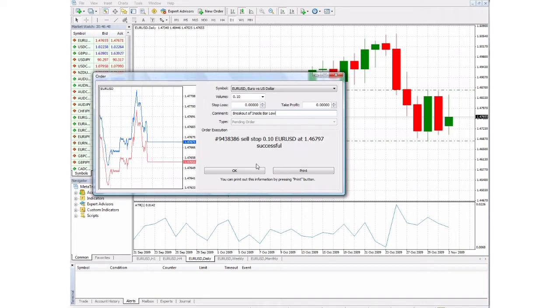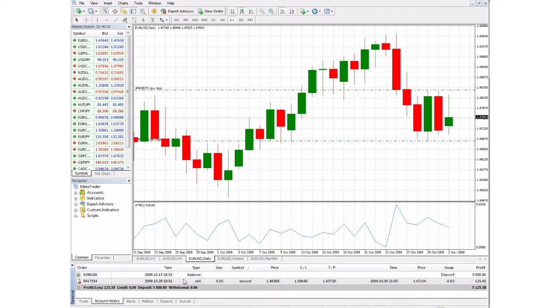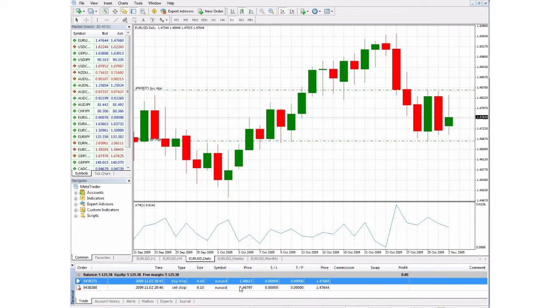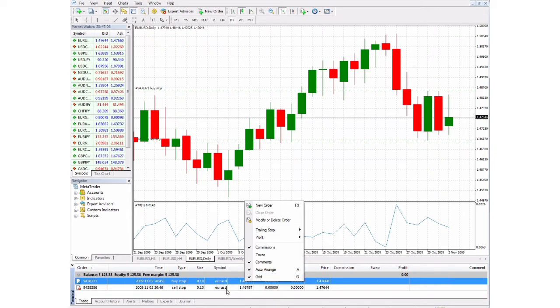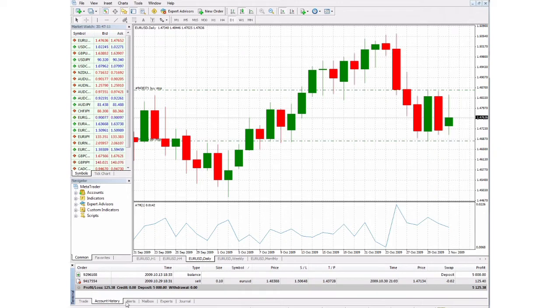Okay, I'll say that. Not sure if it'll let us go through here, because I'd like to label the buy stop. Okay, no, it's fine. Okay, there we are.